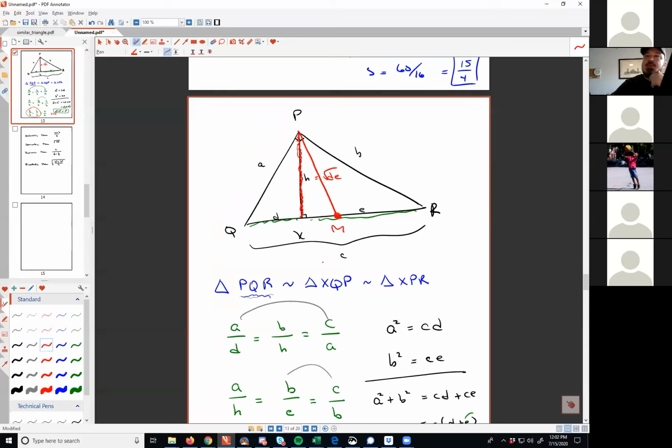And that length is equal to the average of D and E. So it's D plus E over 2. So you can see those two red lengths from P. The shorter one is the geometric mean, and the longer one is the arithmetic mean. If it's an isosceles right triangle, they're the same. So these means show up all over geometry, and we will see them again.